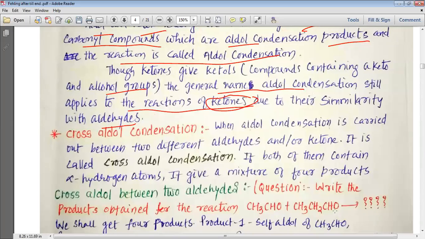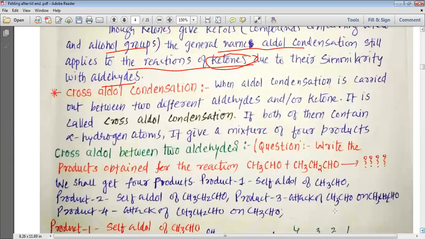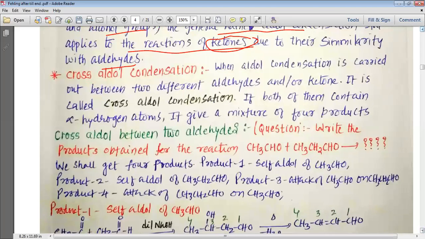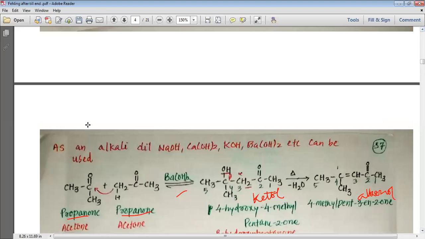So remember, my dear students, we have studied the aldol condensation, and in this aldol condensation, we do an attack in such a way that the alpha carbon always attacks the carbonyl group.